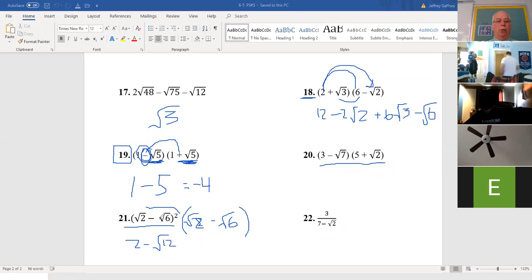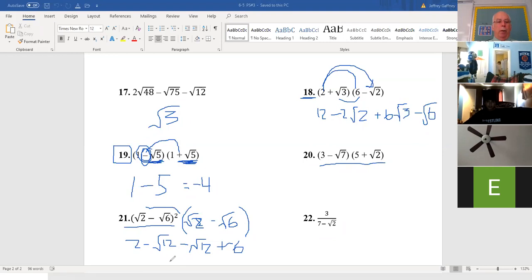I got negative square root of 6 times the square root of 2 is another negative square root of 12, right? My O and I are always going to be like terms. I can combine. And then what do I have left? Square root of 6 times the square root of 6. It's 2 negatives, which makes a positive, so it's going to be plus 6.